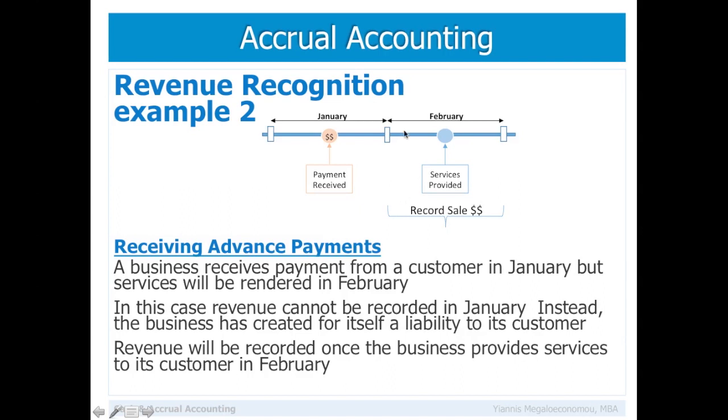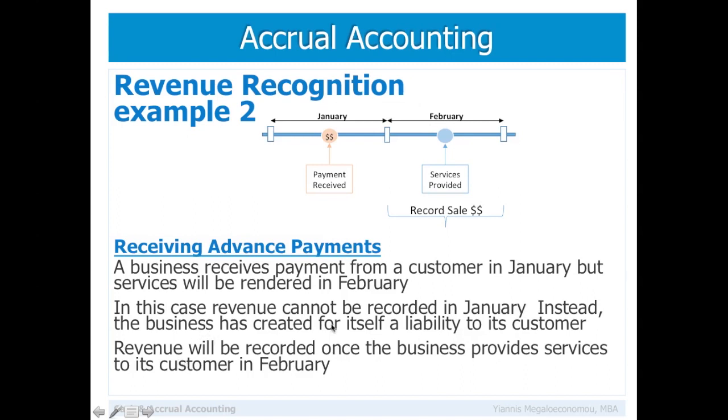Be careful here, because this diagram shows that in February the business will provide service to the customer, and in January is when the business receives a payment. So here we have a prepayment by the customer. According to the accrual method of accounting, we will record sales revenue at the time that services were delivered to a customer, which is in February, even though, as you can see here, payment was received a month before.